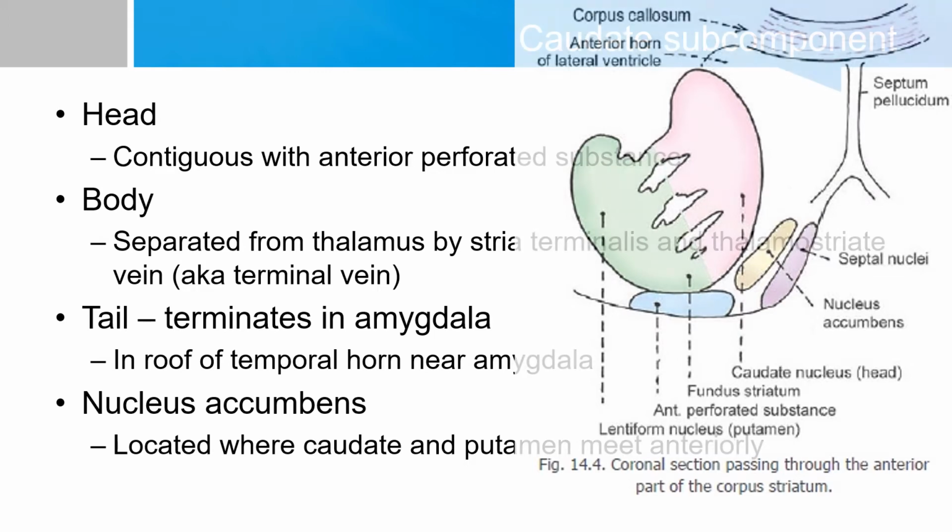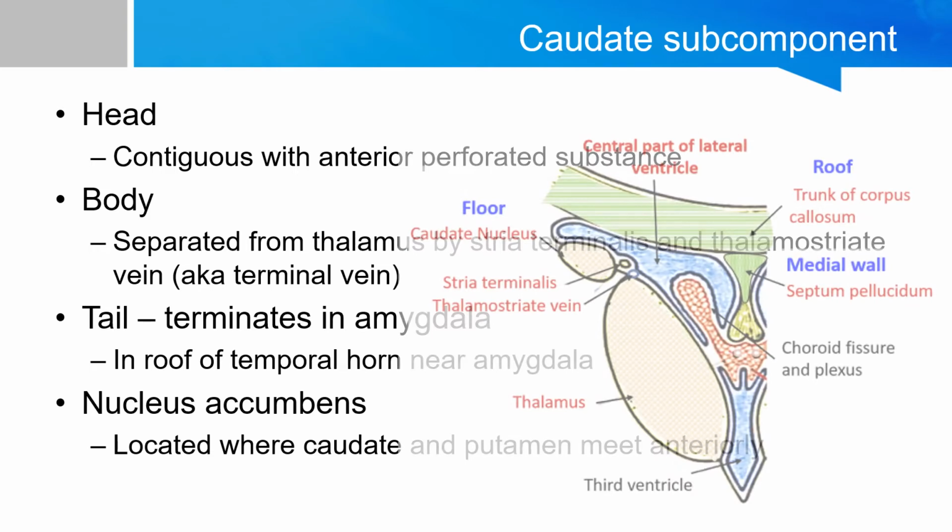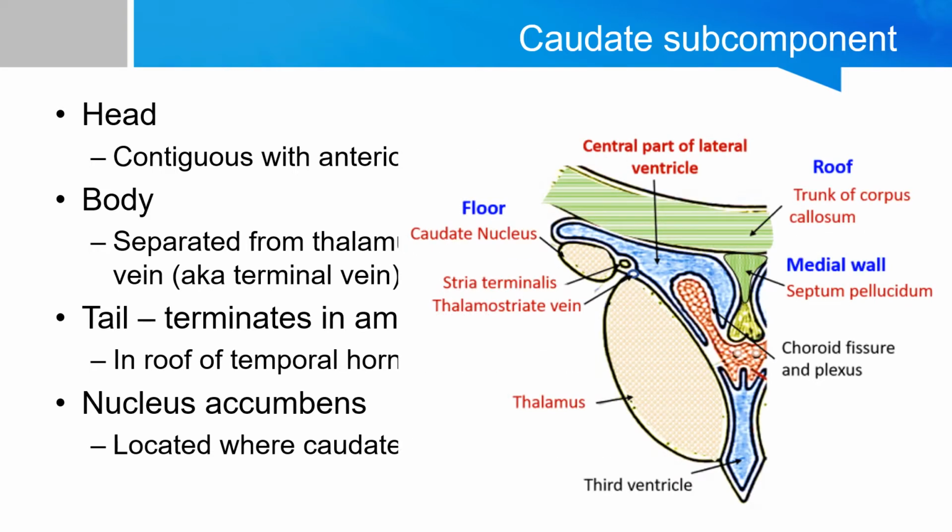And around the body of the caudate, the body is separated from the thalamus by two structures, the stria terminalis and the thalamostriate vein. The thalamostriate vein is also called the terminal vein. And note that the stria terminalis is not the same as the stria medullaris, and we've covered the difference between the two structures in the epithalamus videos.